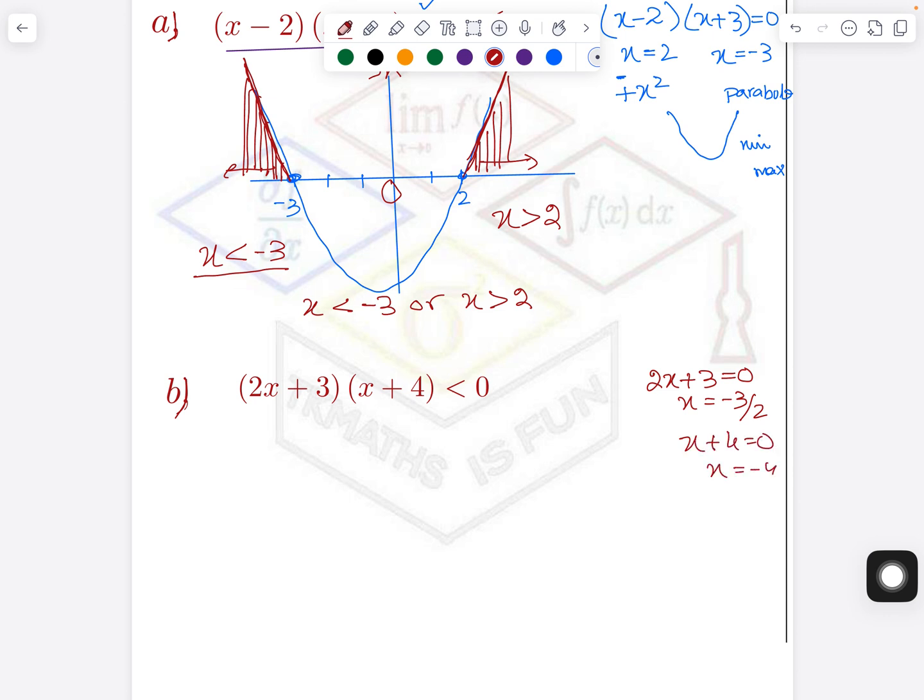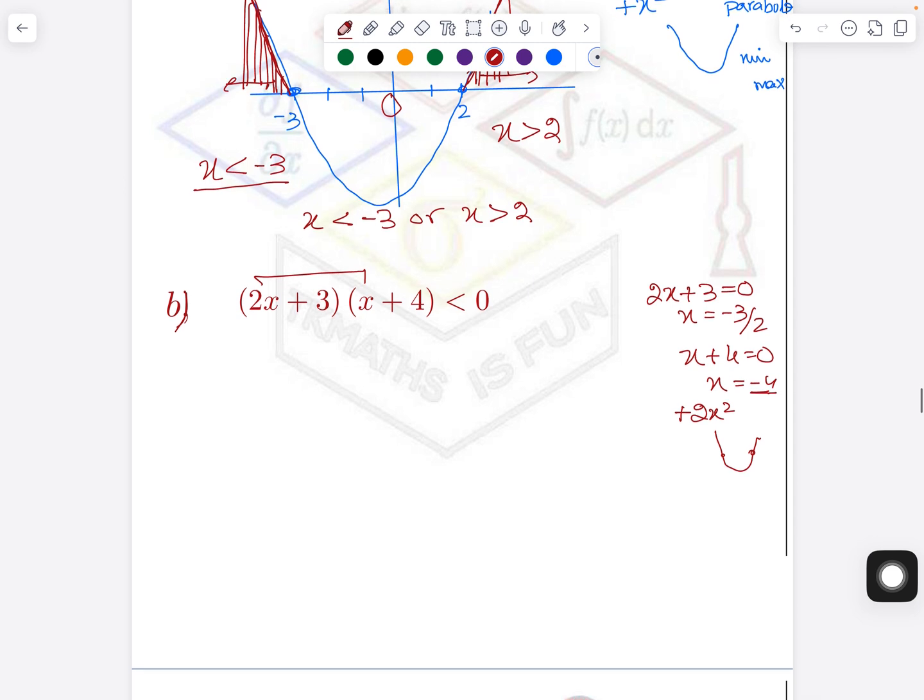And the multiplication of x by 2x will be plus 2x square. It means the shape of the curve will be a minimum value curve, and it will pass through the x-axis at points minus 4 and minus 3 upon 2. So let's find out the roots in this case.